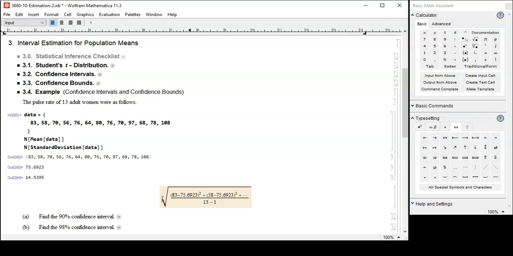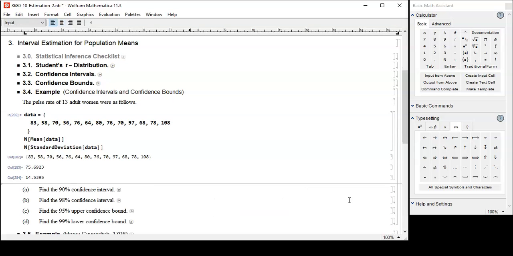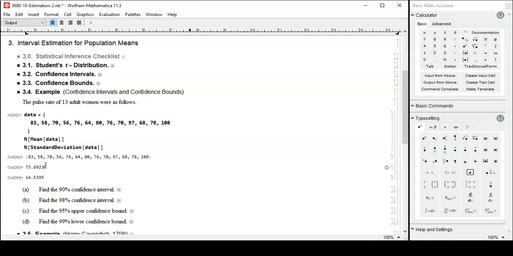Do you remember this? Of course, you don't want to do this computation with a handheld calculator. It's much better to use technology, which I just did. So we have the mean and sample standard deviation.